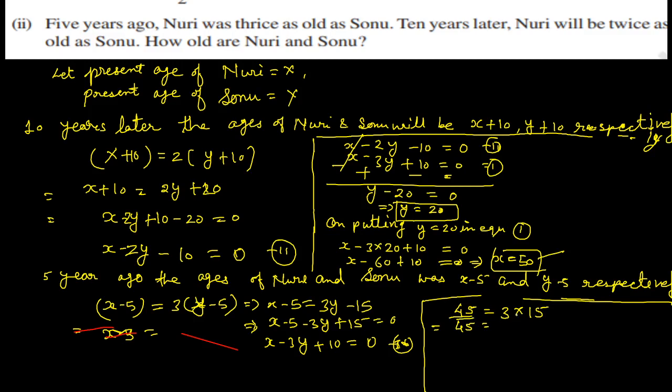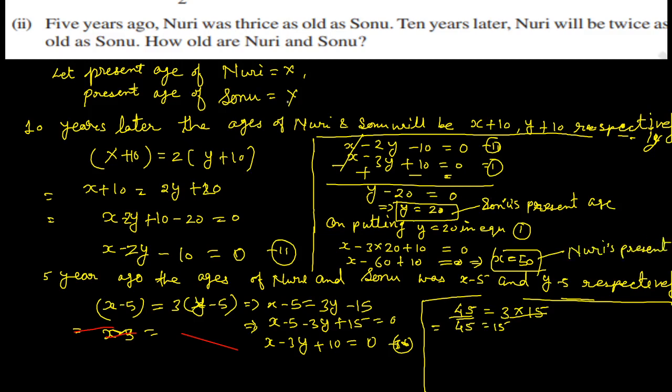Noori's age is 3 times Sonu's age. This is Sonu's present age, and this is Noori's present age.